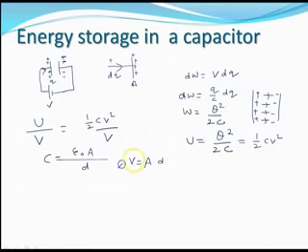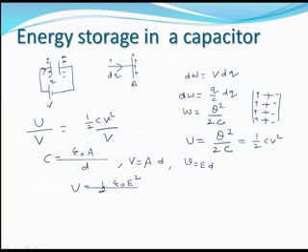Potential, let me write small v so you get a little idea, is given by E into D. When you put this here, the energy density will come out as half epsilon naught E square.